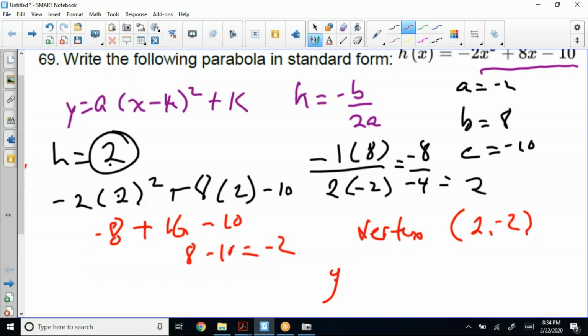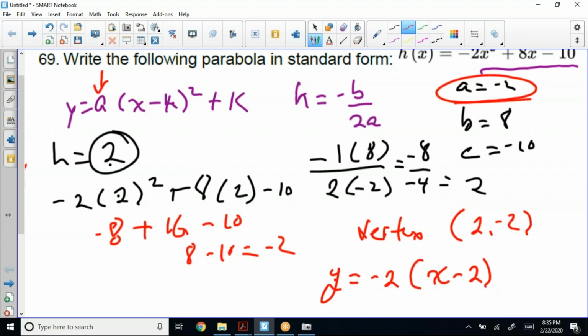And if we write the equation, it'd be y equals, the a is the same a in both forms, okay? So that'd be negative 2 times x minus 2, with the positive 2 because of the vertex, squared minus 2, all right?